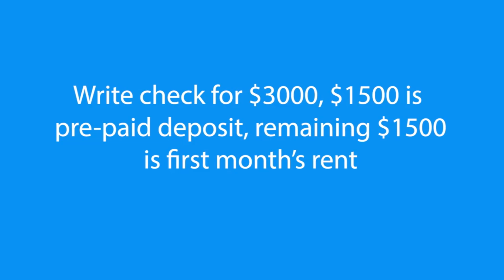Now this is where we're going to christen that second sheet. Okay? We wrote the check for $3,000. It was for 2 things. One was a deposit for the rent, and the other one was to pay this month's rent, which we are consuming.